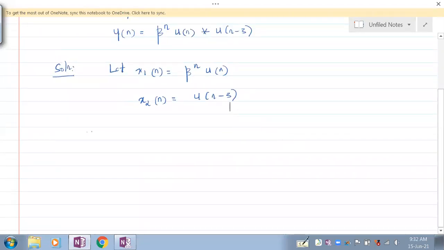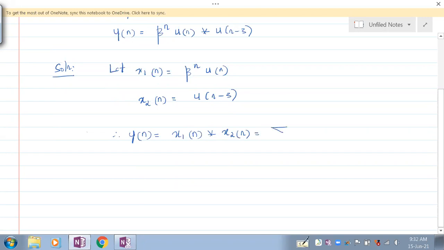Now let's have y of n. Therefore, y of n can be given as x1 of n convolution sum x2 of n.